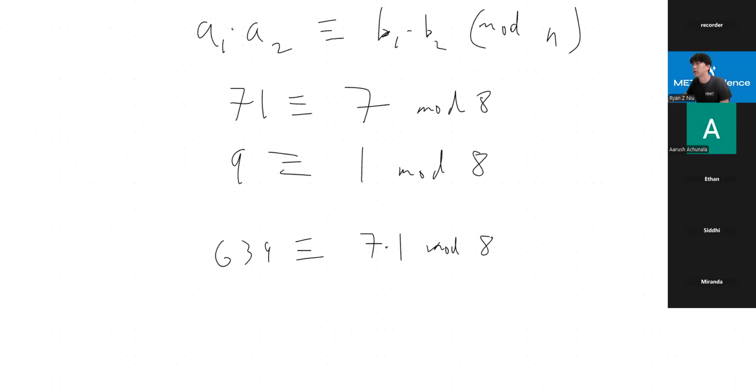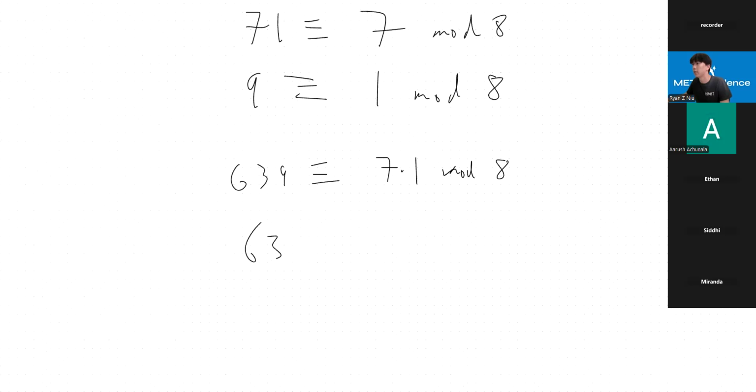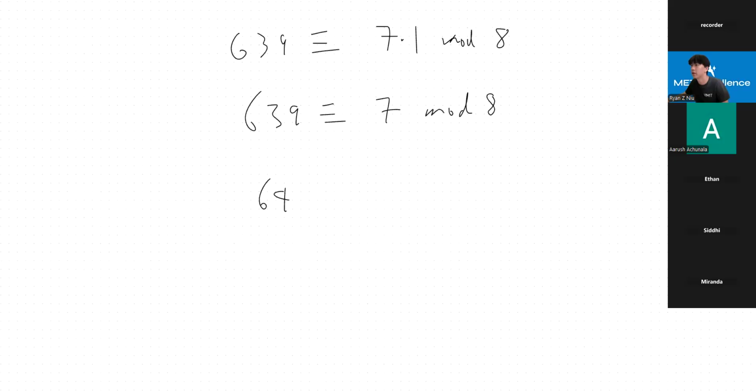So this is going to be 639 is 7 mod 8. And this is true, right? Because 640 is a multiple of 8. So that means if we subtract 1, it's going to leave a remainder of 7 when we divide it by 8, right?